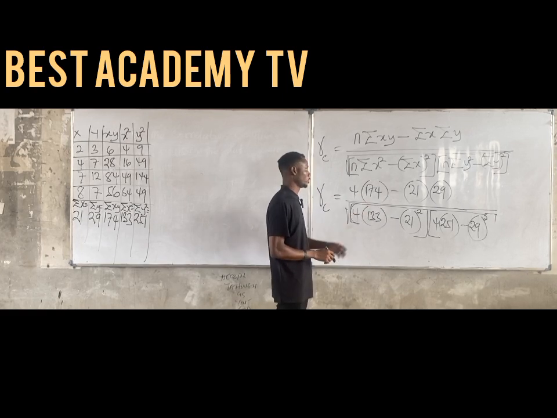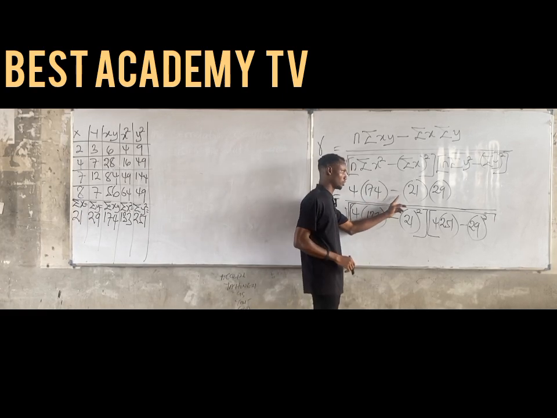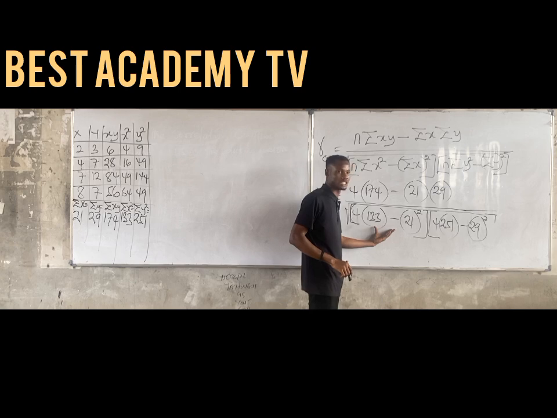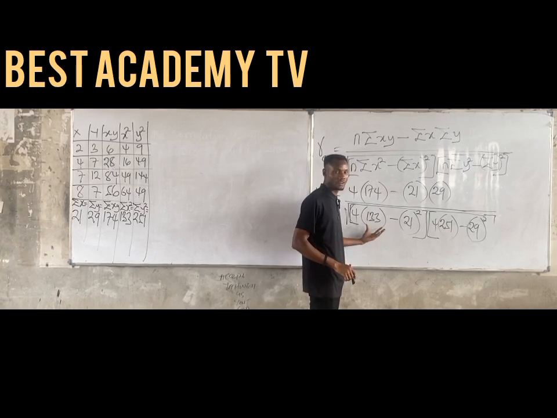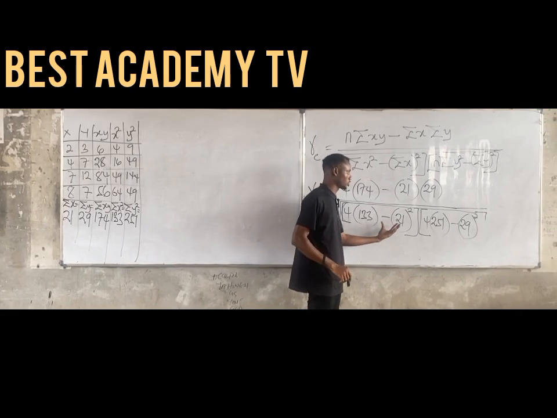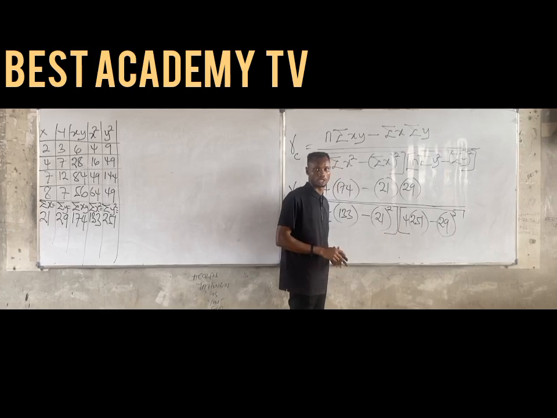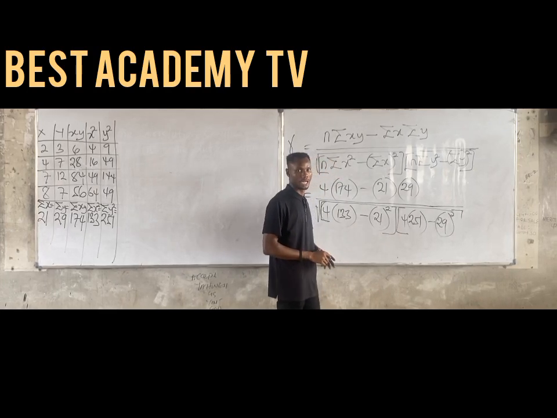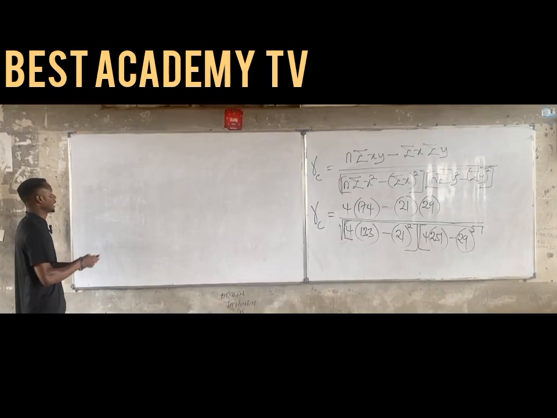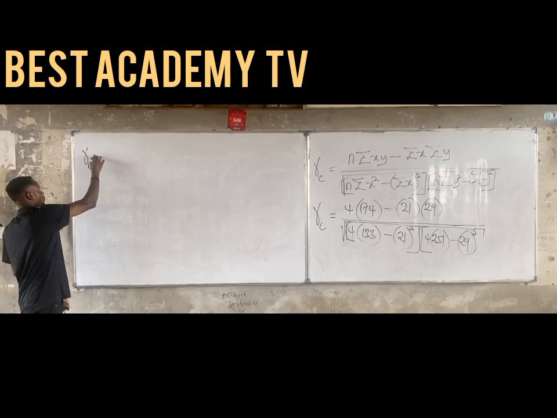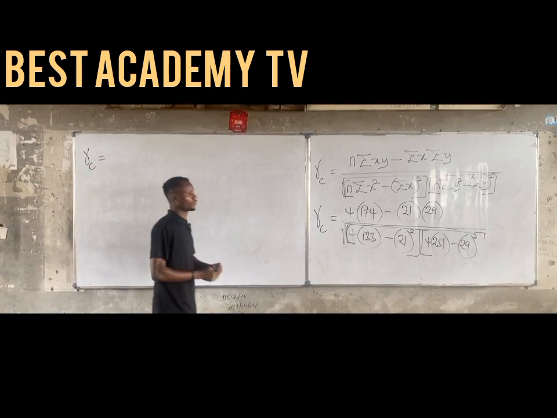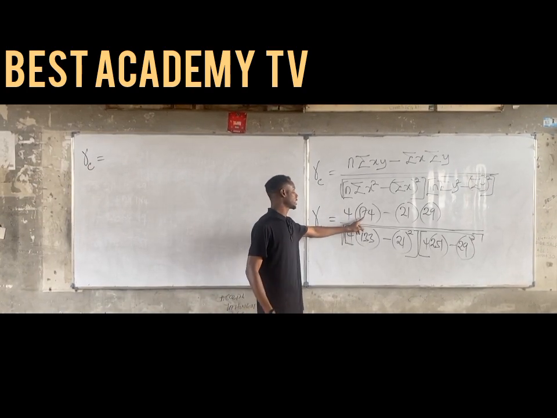Okay. So the next thing here is for us to evaluate. So now let's try to evaluate this guy here. That is this times this minus this times this, and also evaluate this guy here. How do we do that? We have to evaluate the inside one first and multiply them together. Okay. Now let's do that. Now 4 times 174.